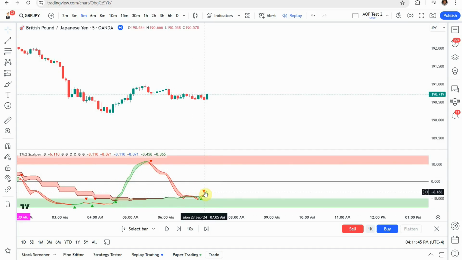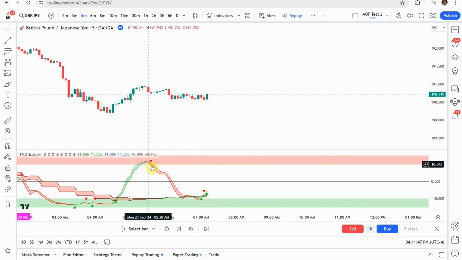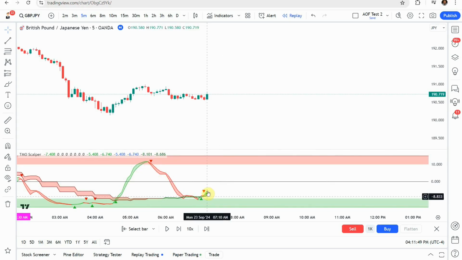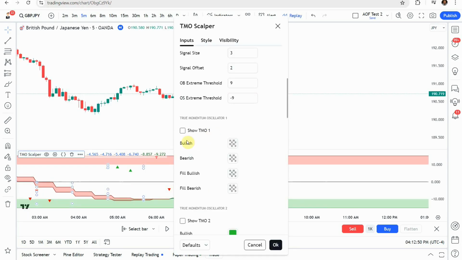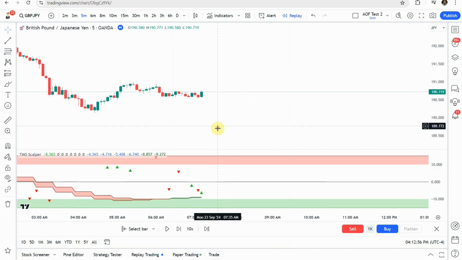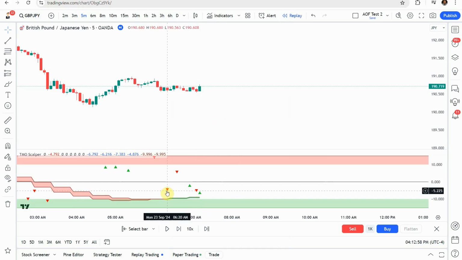And when it's green, we are looking for the TMO1 line to give us a green arrow like this here. And so what I'm going to do is just jump back into the settings real quick and uncheck the show TMO1 right here. And then click OK. And now you can see the arrows a little bit easier there.